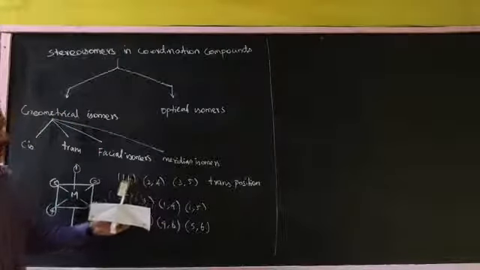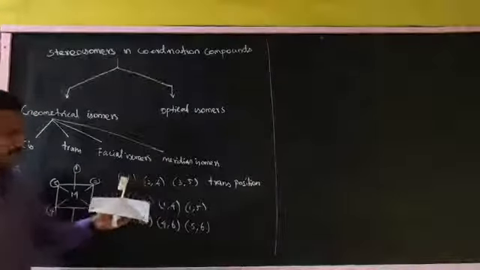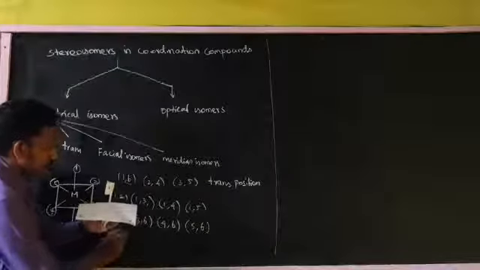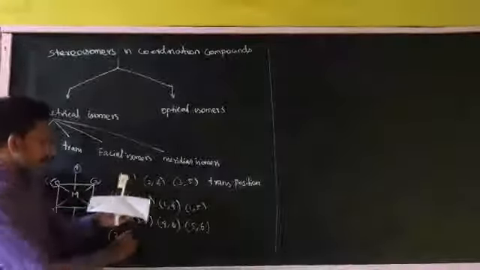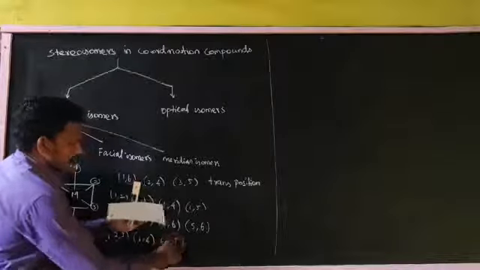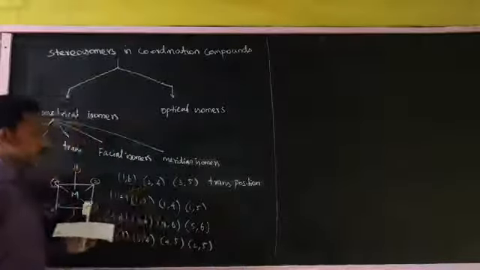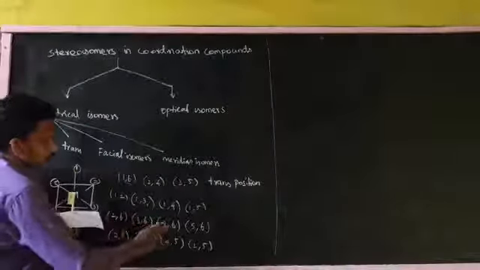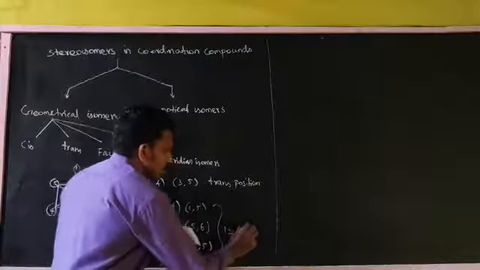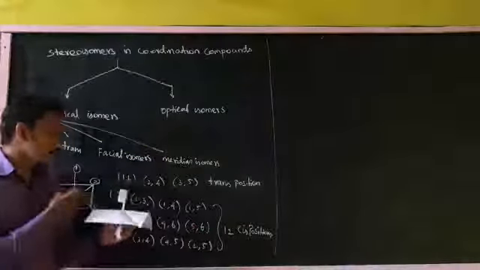These positions are not opposite, these are adjacent sides, right? Next, 2, 3, then 3, 4, 4, 5, next 2, 5. So totally 1, 2, 3, 4, 5, 6, 7, 8, 9, 10, 11, 12. The 12 positions, in addition to the 3 trans positions, in the octahedral complexes.